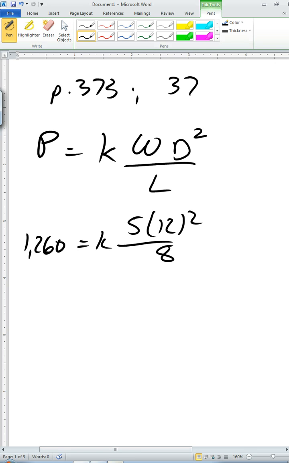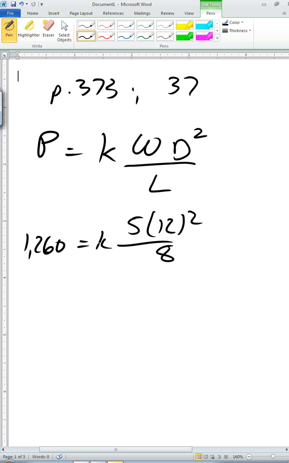And so then it says determine the safe load in pounds of a beam made from the same material if the beam is 20 inches long. So in this case, the length is 8, and we want to know what it would be if it was 20. Okay. So first of all, it's inversely, so as the length goes up, the amount that it will hold will go down. So eventually we're going to probably get an answer that is smaller than our 1260.